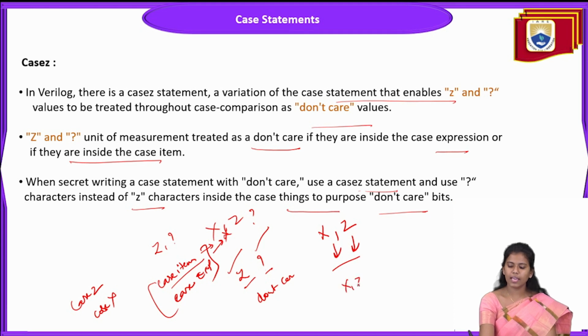So Z and X are don't care bits. Whenever in between the case statements you find in your result a don't care value or a high impedance value, remember to mention it with the case Z.